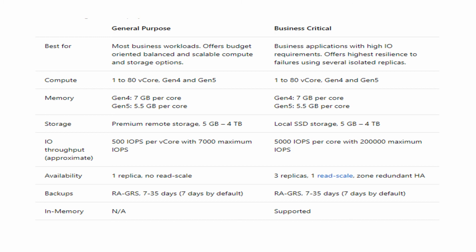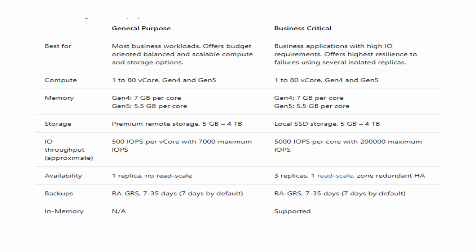When we talk about the availability, there is one replica and no read scale. But in business critical, there are three replicas and one read scale, and it is shown as redundant HA. When we talk about the backup difference between general purpose and business critical in Microsoft Azure, it is almost the same: 7 to 35 days, and 7 days is the default.